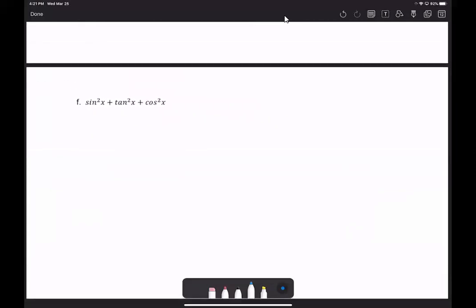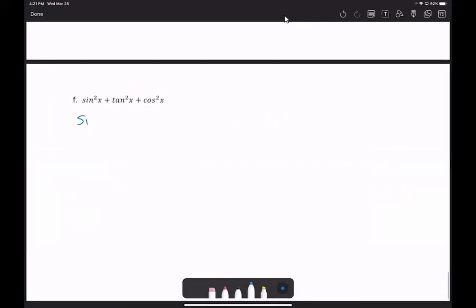All right. Here we have sine squared x plus tan squared x plus cosine squared x. So we need to change in terms of sine or cosine, and I'm going to see if we can replace anything. You can take these expressions and move things around.